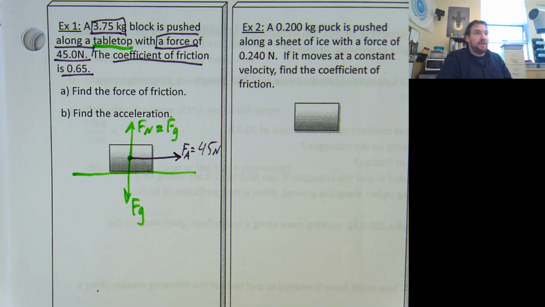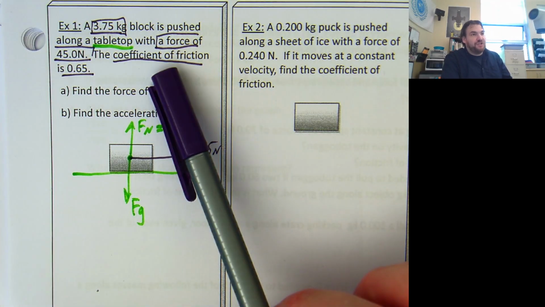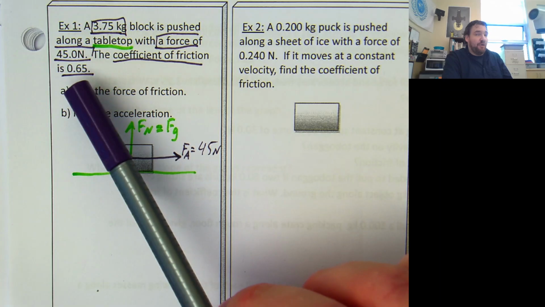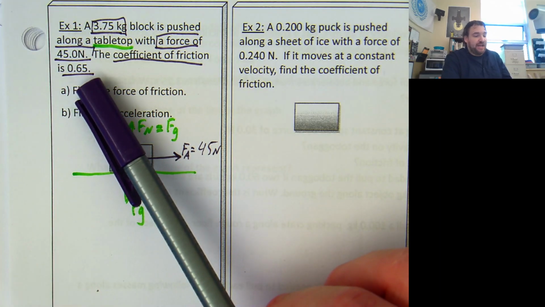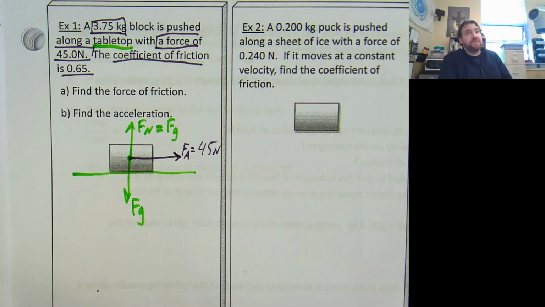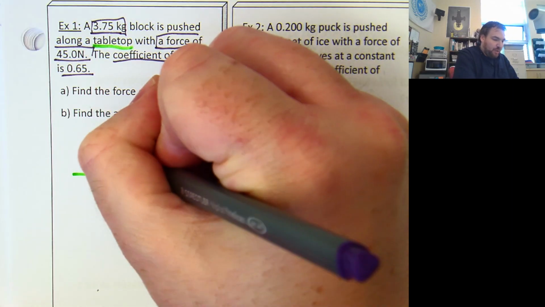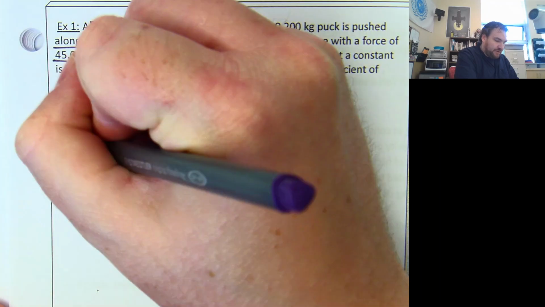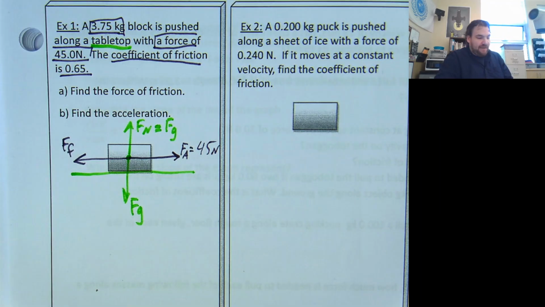What else is present on this free body diagram? There has to be friction. By telling you that there's a coefficient of friction that isn't 0, that means friction has to be present. And based on the fact that this block is being pushed to the right, friction has to be which way? Has to be to the left. Friction always opposes motion. So the force of friction is going to be back that way. And that is the complete free body diagram.